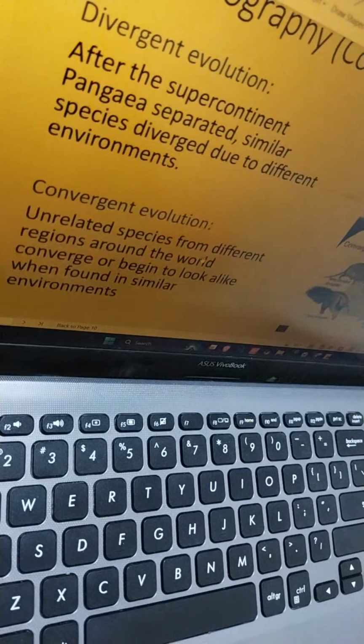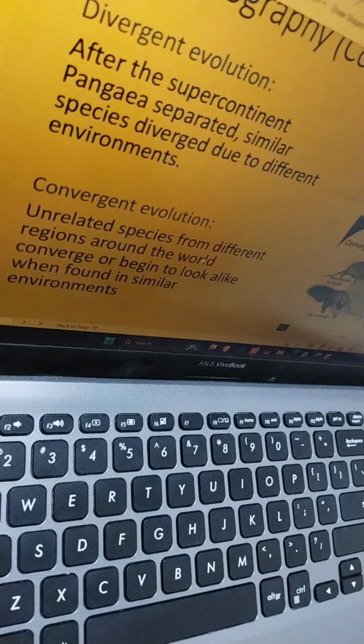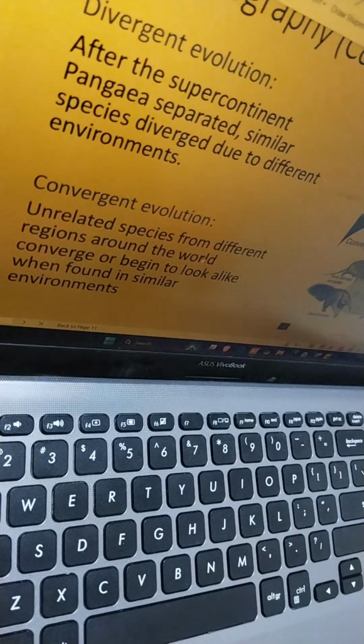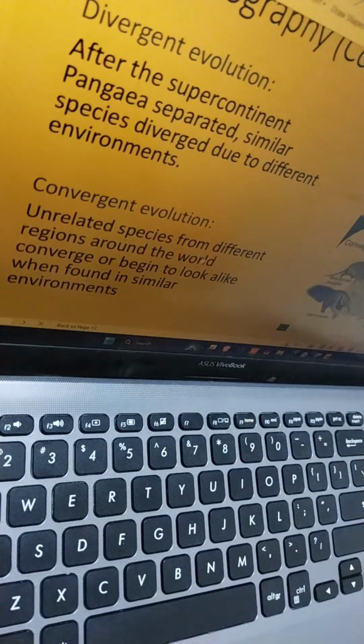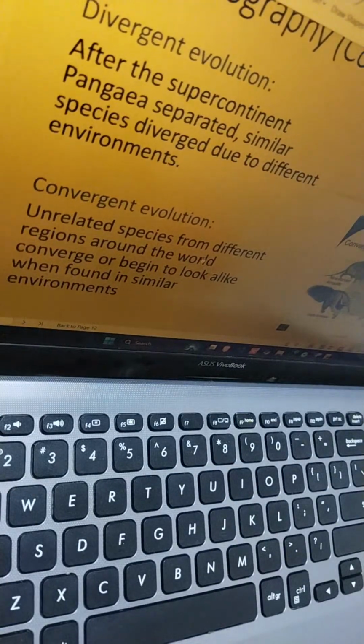Divergent evolution: after the supercontinent Pangea separated, similar species diverged due to different environments. Convergent evolution: unrelated species from different regions around the world begin to look alike when found in similar environments.